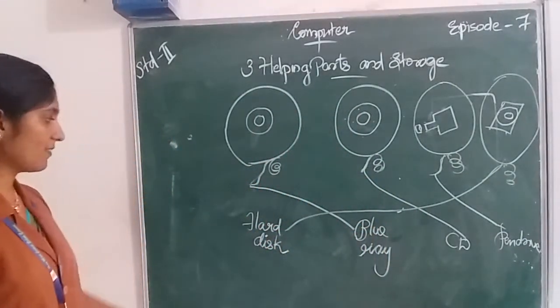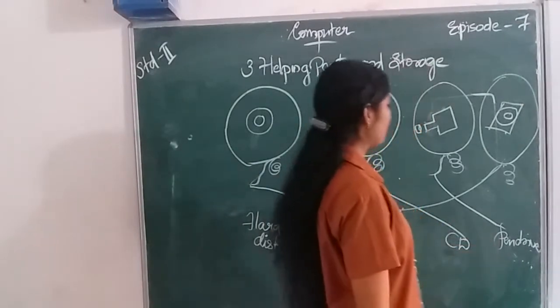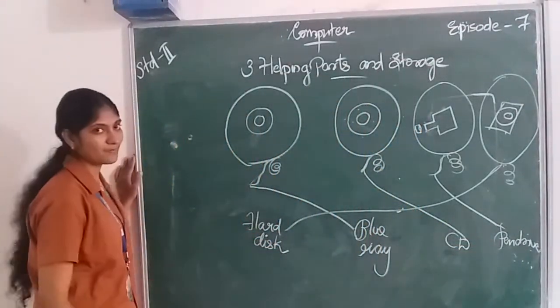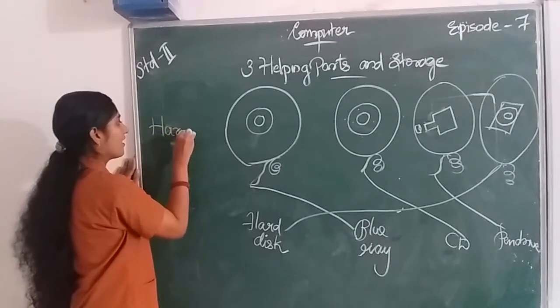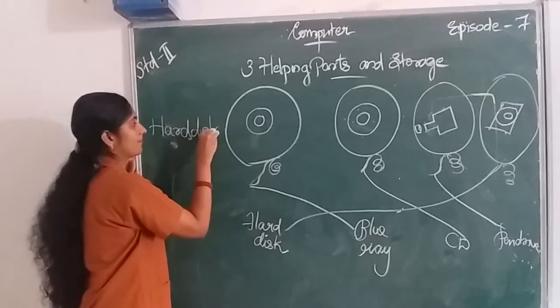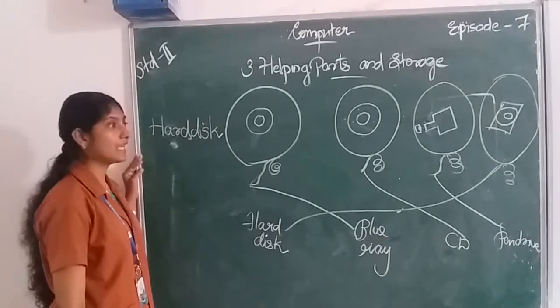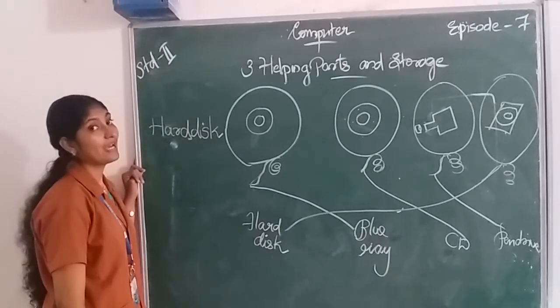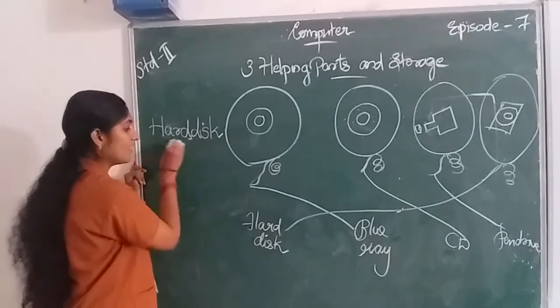So what are the names? Hard disk, Blu-ray disc, CD, pen drive. What is the spelling of hard disk? H-A-R-D-D-I-S-K. Hard disk.